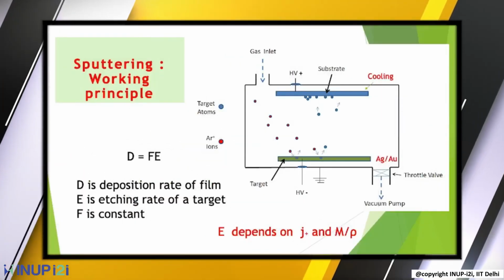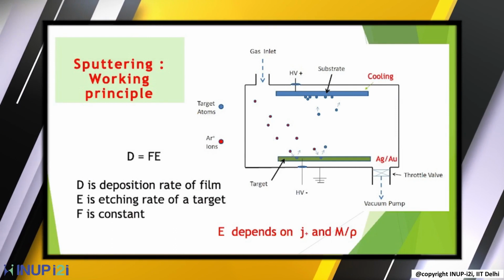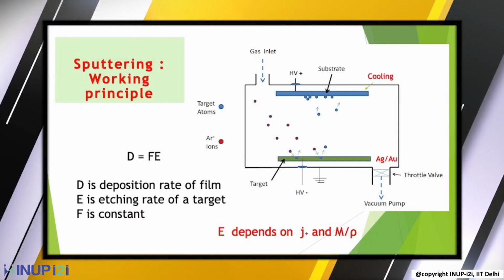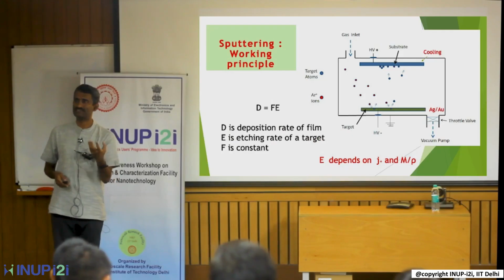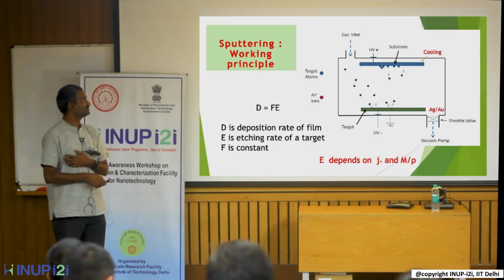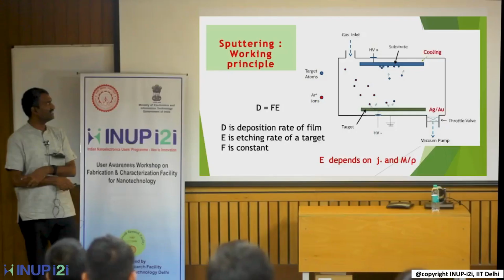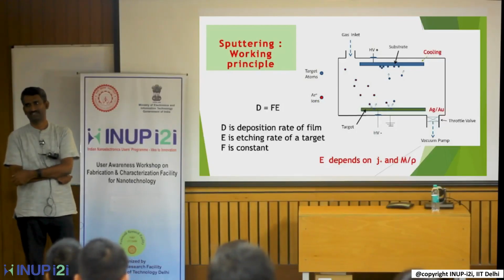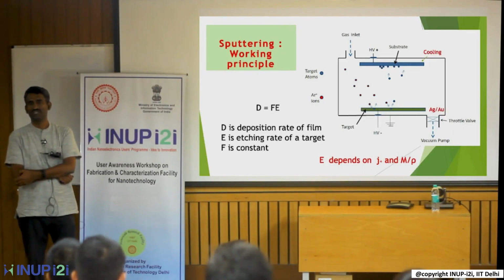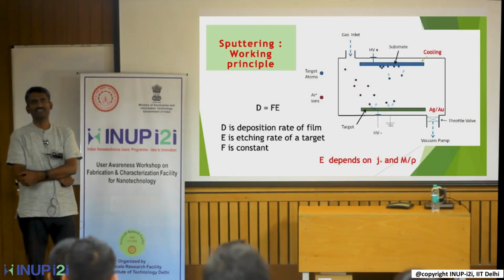Now the deposition rate equals F, which is a constant, times E, the etching rate of the target. How are you going to etch this bulk material, be it silver, gold, or any transparent conducting oxide? How will this material be etched and placed on the substrate? There should be some mechanism to etch it out.